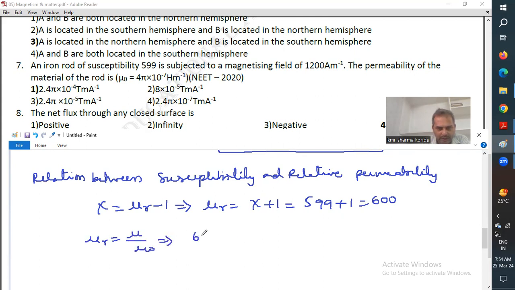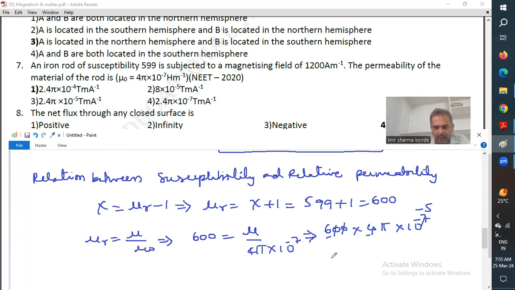Now mu r is equal to mu by mu naught. You got mu r as 600. Mu you are looking for, mu naught is 4 pi into 10 to the power of minus 7. So therefore this is 600 into 4 pi into 10 to the power of minus 7. You don't change 4 pi, you write it as is because all options are with pi only. So 6 4s are 24, but most of the options are given as 2.4.